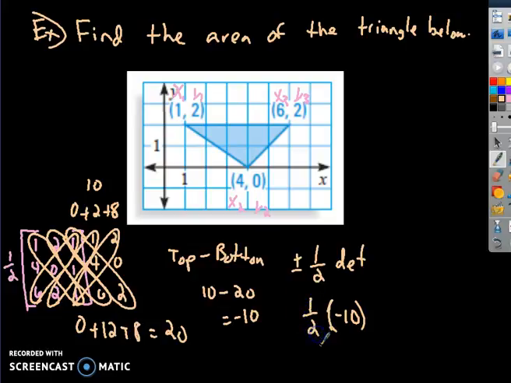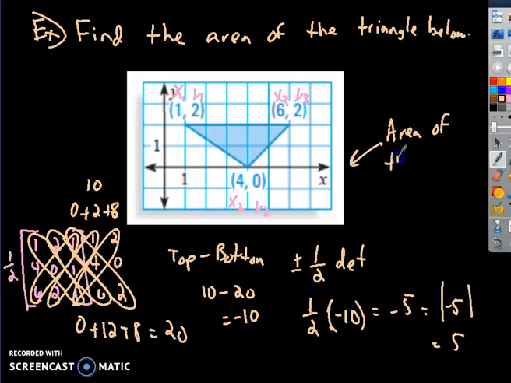I'm going to think about 1/2 times negative 10. Well, what is that? It's negative 5. Now to get the answer, I took the absolute value of that because area needs to be positive. Get the area to be 5. So the area of the triangle is 5 square units.